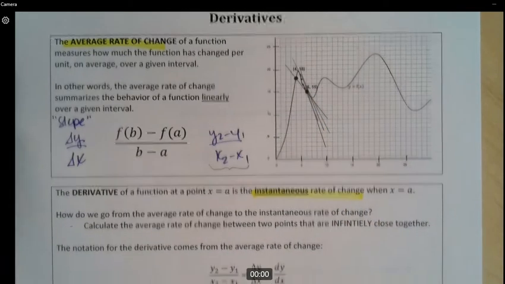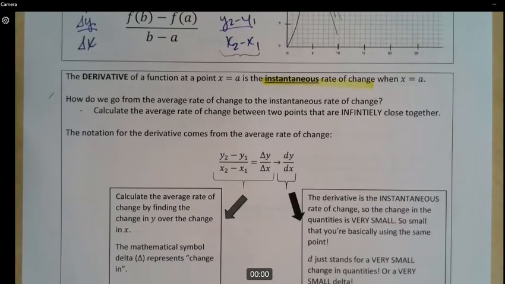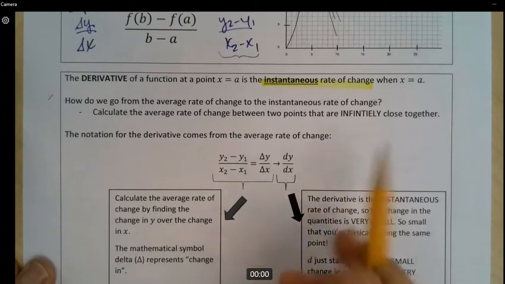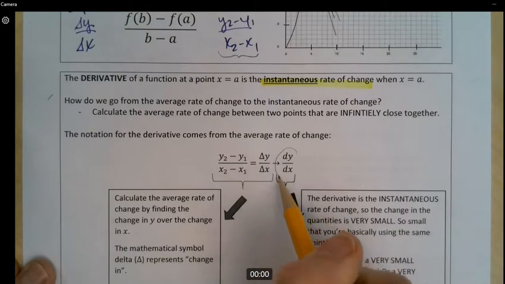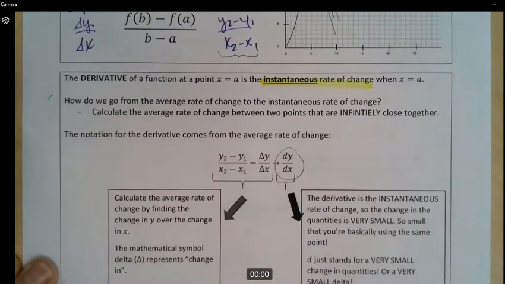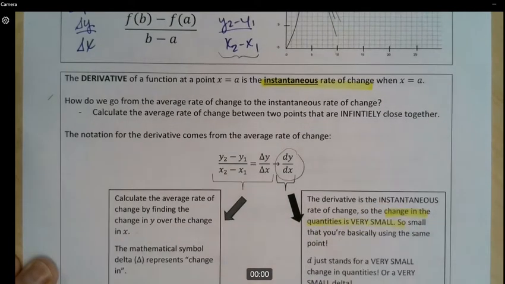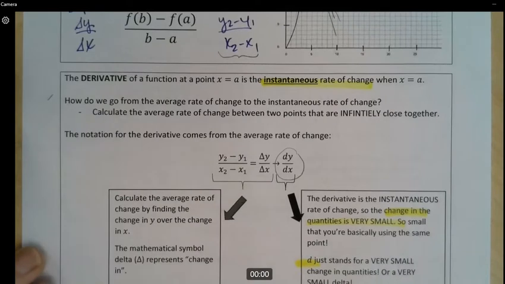Okay, so the derivative at any given point is the instantaneous rate of change. And then what ends up happening is this slope formula, that's where these d's come from, because the derivative is where that change in the quantities is so very, very small. So that's what that d stands for.